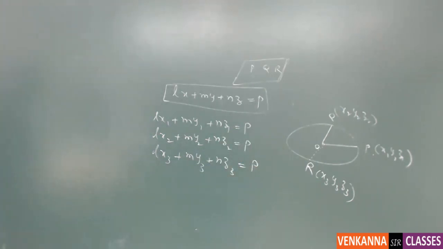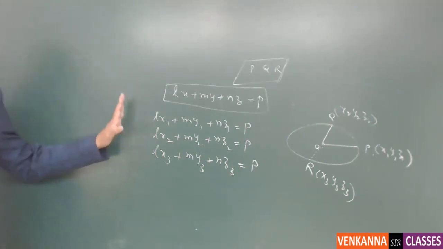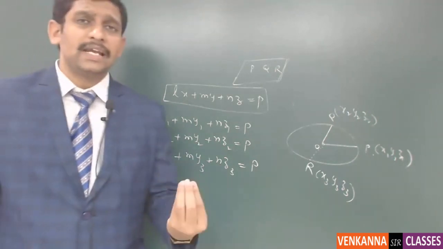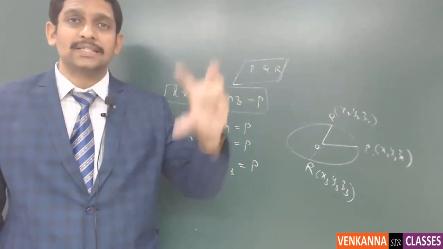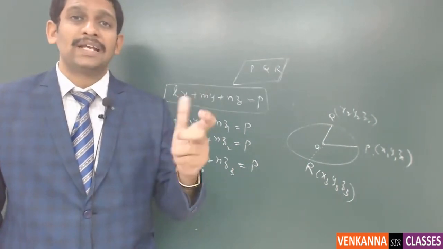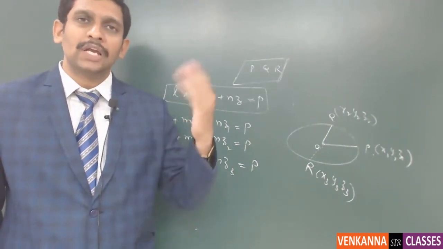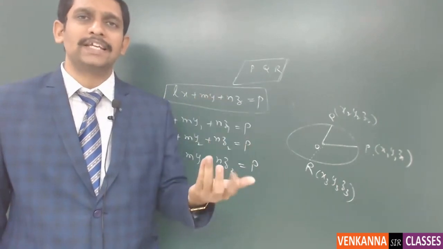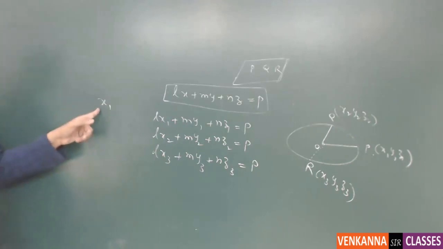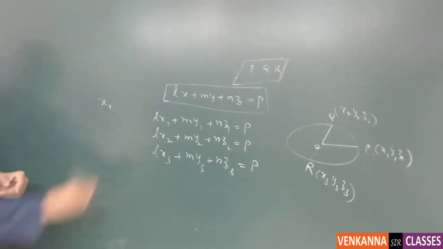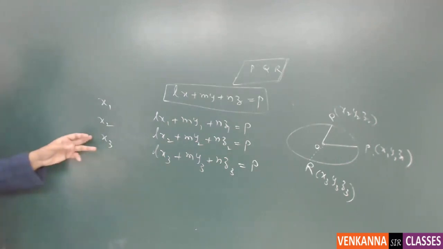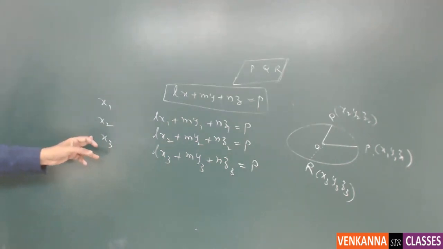One interesting thing is, I want to eliminate M and N here. For this, earlier I have written some of the properties of these diametral planes. Keeping those in mind, I want to multiply the first equation with x1, the second equation with x2, and the third equation with x3.